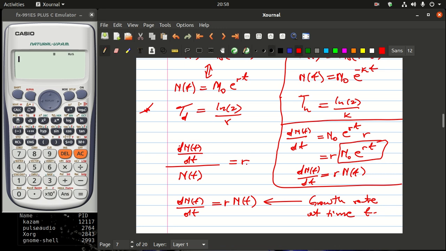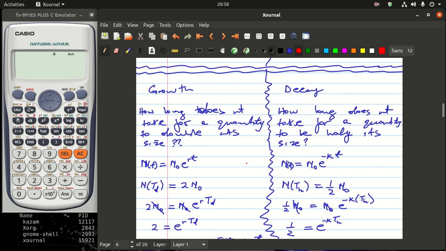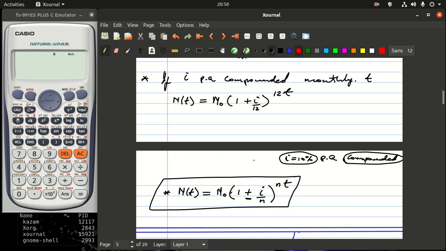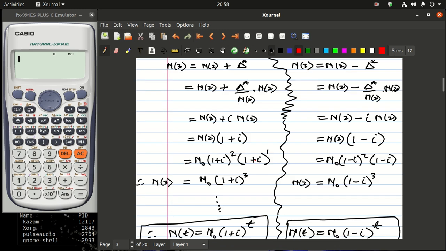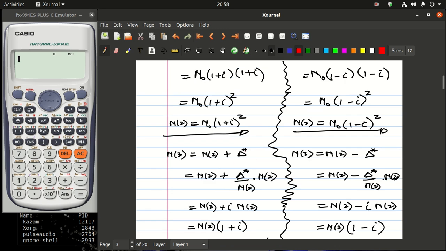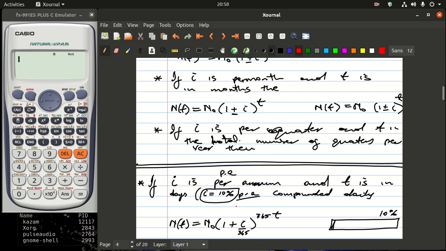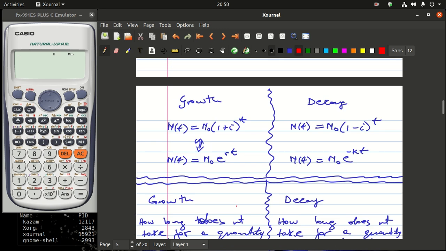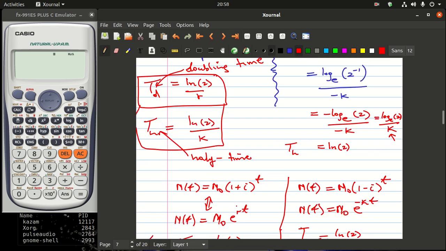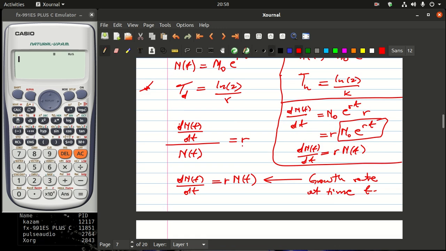This is the same as what we were doing earlier when deriving, where we had this change divided by this and multiplied by that, and we said it was i. But now we are using a different equation, so we say that this is going to be our r. So this is how we go about it.